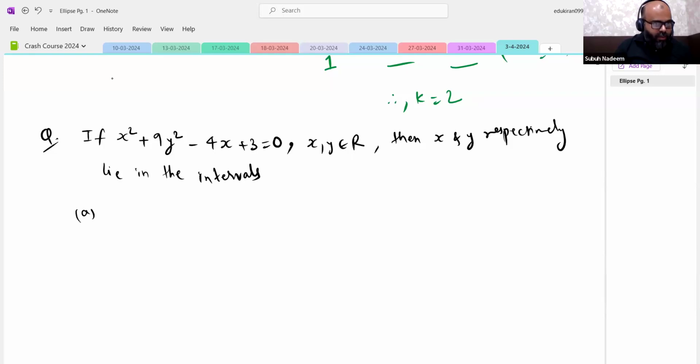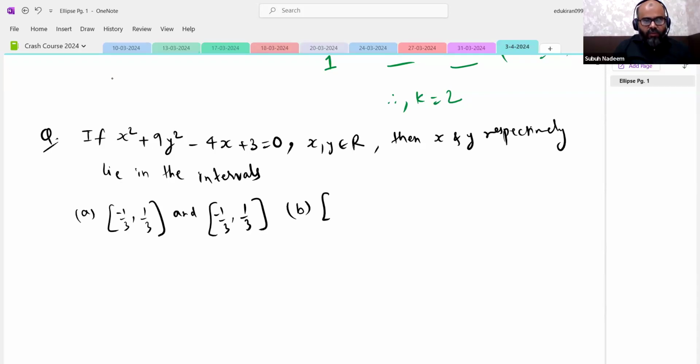Option A: minus 1 by 3 comma 1 by 3 and minus 1 by 3 comma 1 by 3, same for y also, same for x also. Option B: minus 1 by 3 comma 1 by 3 for x and 1 comma 3 for y.